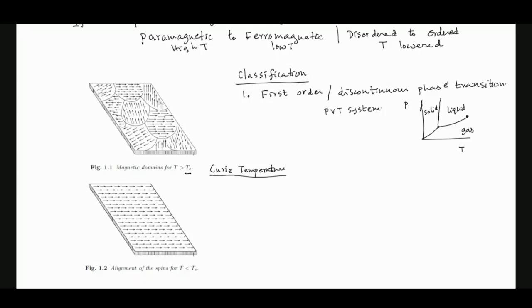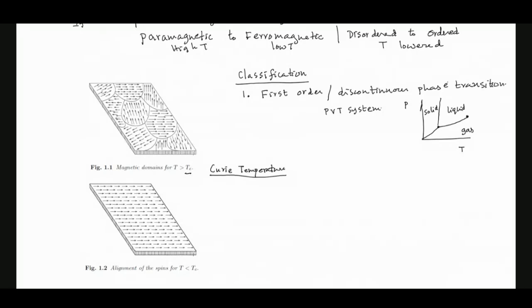In this phase diagram, there can be a solid to gas transition, which is called sublimation, and solid to liquid, which is called melting. Liquid to solid is called freezing. So this is basically a coexistence curve.